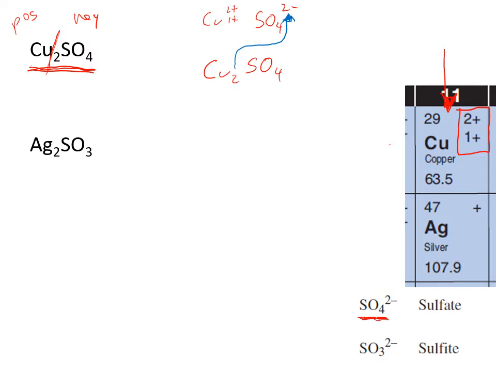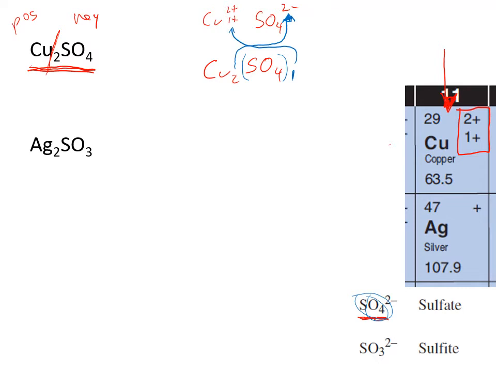Now for this one, a lot of people are going to think that this is a 4, but technically there is only one SO4 here. That 4 is part of this whole polyatomic ion thing. So there's a 1 right here. It's not a 4, it's a 1. I know it's a little bit tricky and a lot of people get confused about it. But when we swap and drop, it comes back up right here.